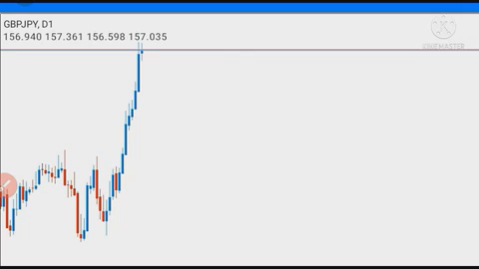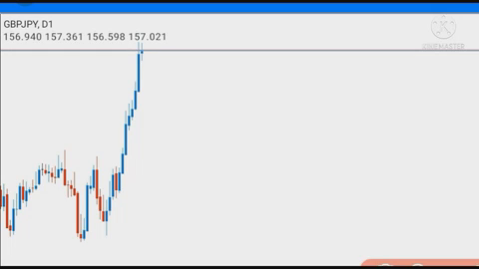You will find it. I will leave the link in the description below. But let me just show you some examples of confirmation entry in a diagram.